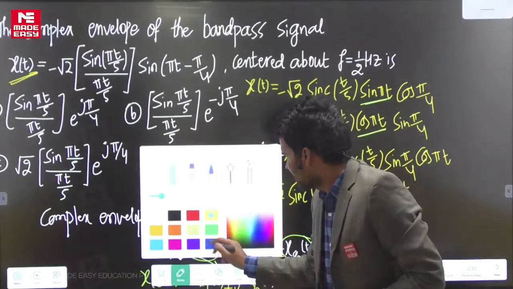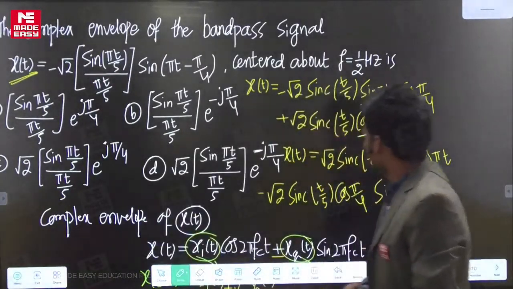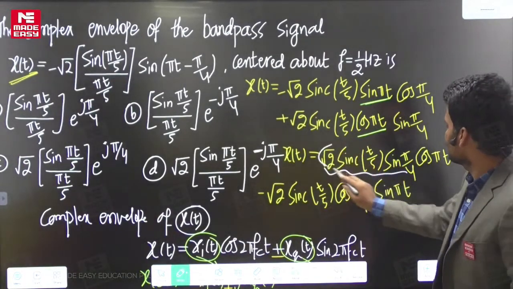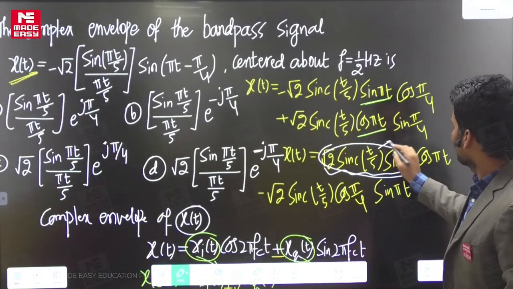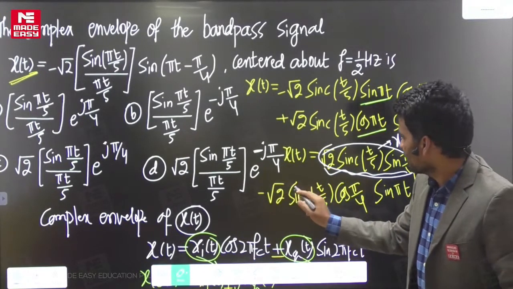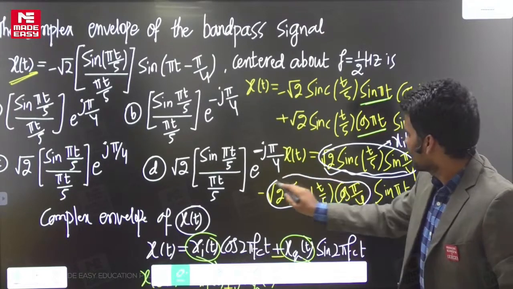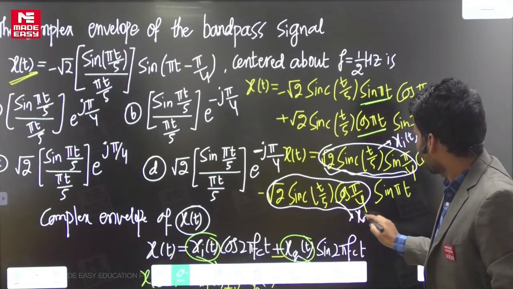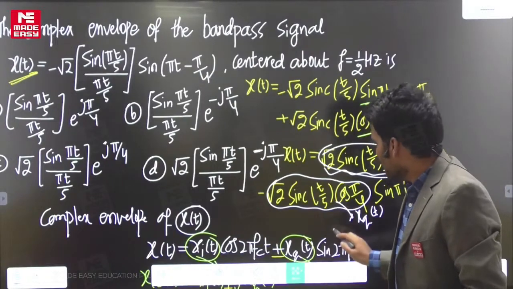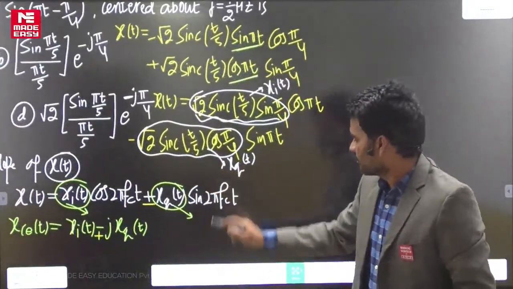Now you can see it is in the form of x_I(t) cos 2πf_ct minus x_Q(t) sin 2πf_ct. Then what will the complex envelope be?